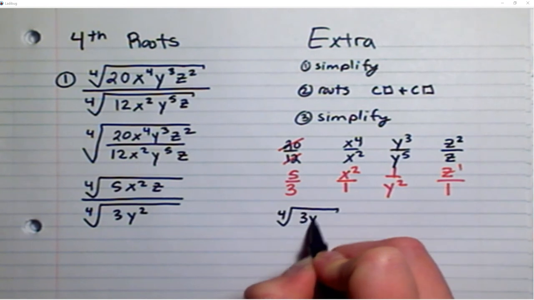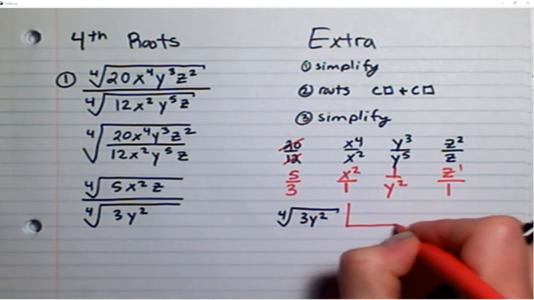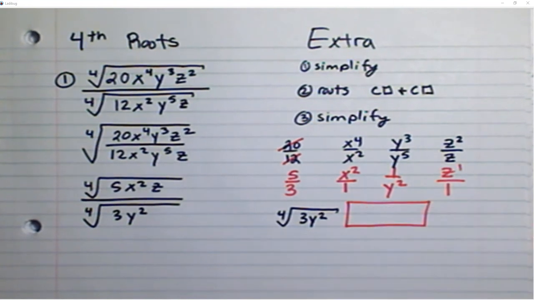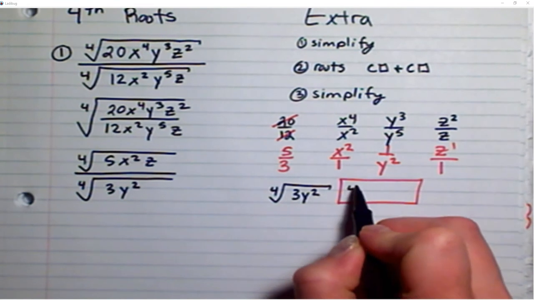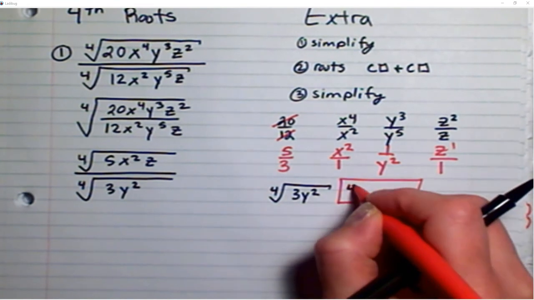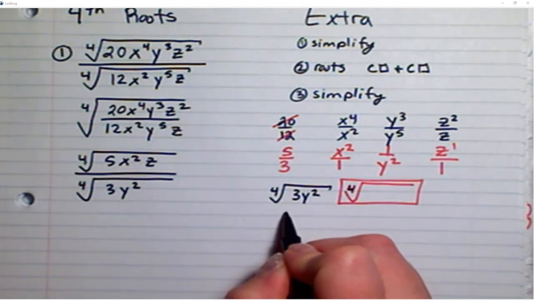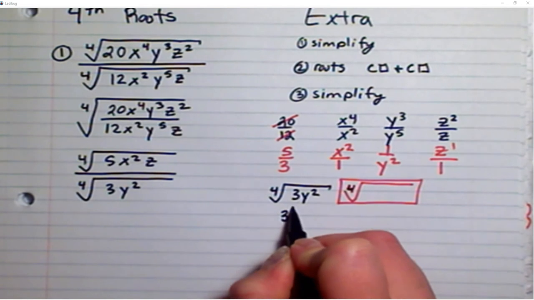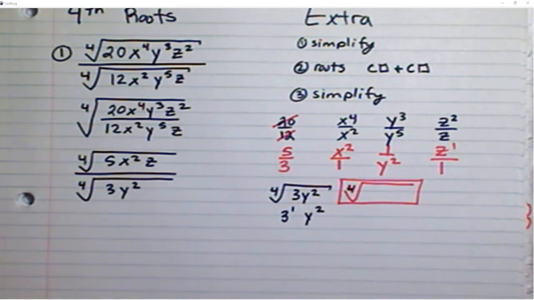I'm going to bring my denominator over here, and I'm going to try to figure out what I need to put in this box so that when I multiply them together, I end up with two perfect squares.